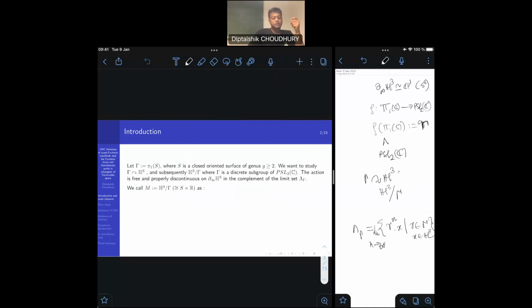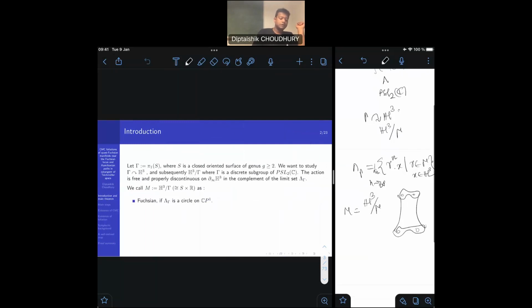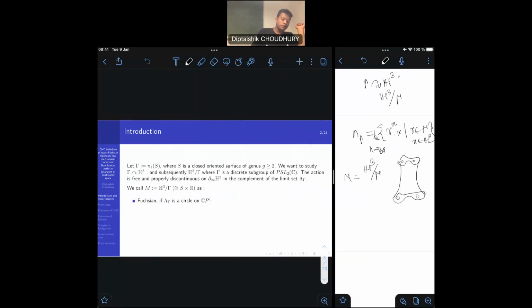So given this scenario, H3 mod gamma in either of these cases will look like a surface times the real line, and what we are going to do is classify this manifold M on the basis of the shape of this limit set. We will call M Fuchsian if this lambda gamma is a circle on the boundary of H3.